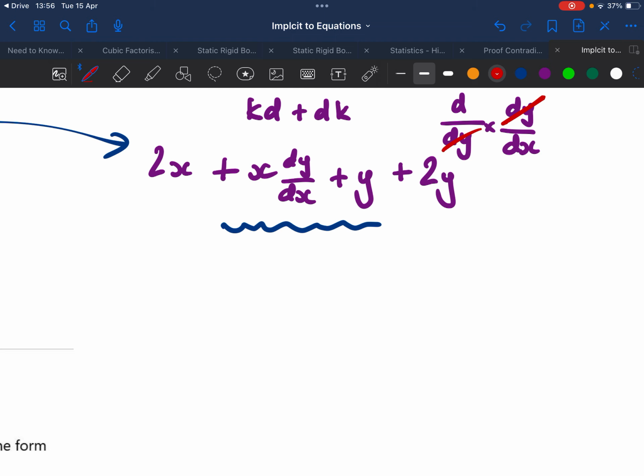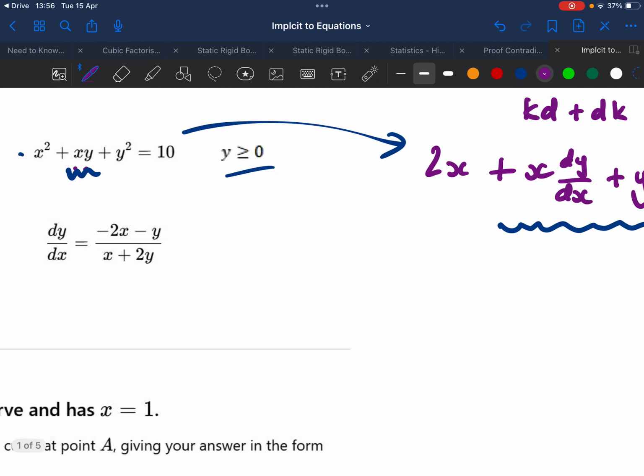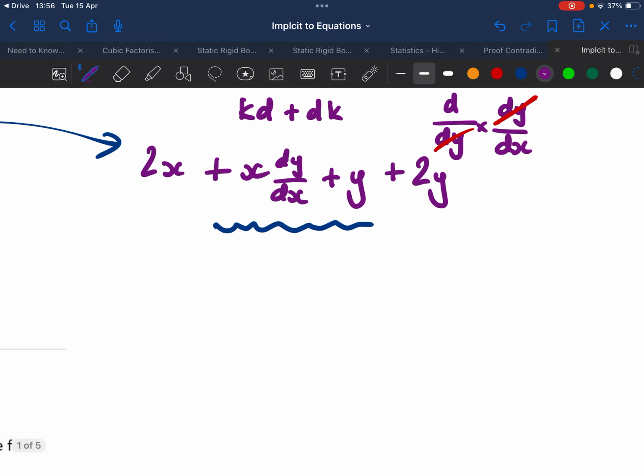So 2y dy dx. Finally, the 10 is going to become a 0. So that's the first part there. Just checking my work, though. I'm missing a dy dx, aren't I? So that's a dy dx equals 0.